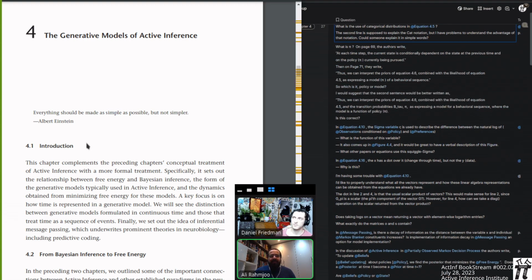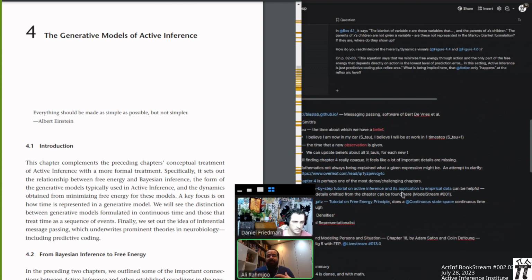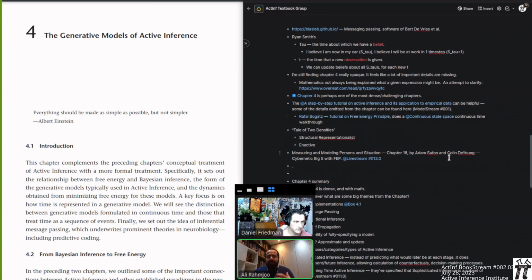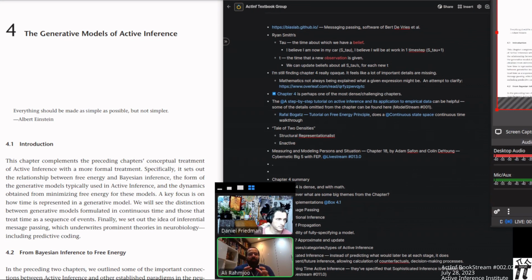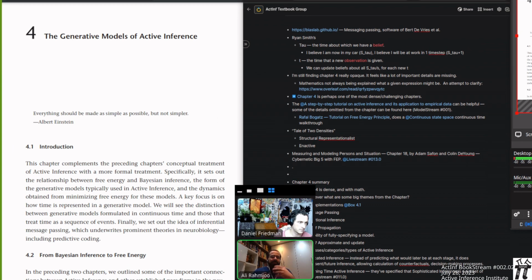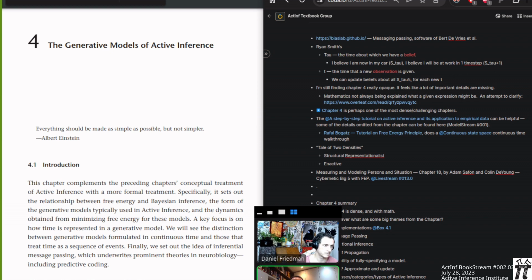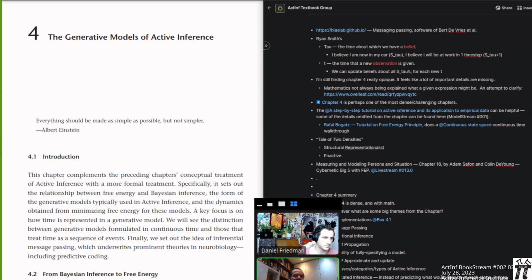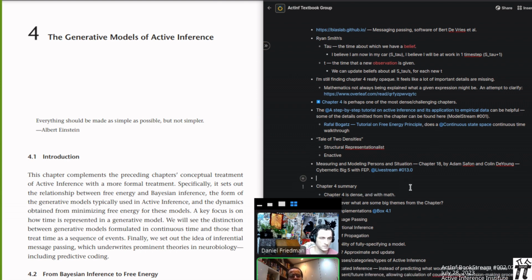It unpacks how the central equations of active inference are derived, and how to construct the important elements of active inference models, say matrices A, B, C, and D, and also how to put together generative models in different situations.